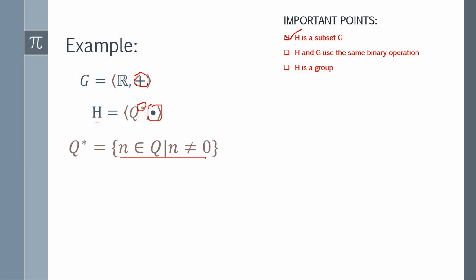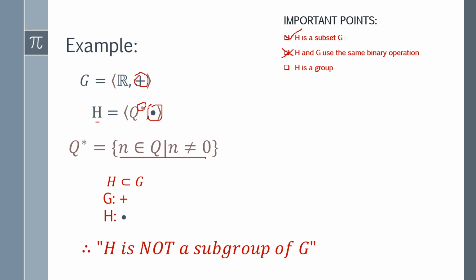So this doesn't fit the next important point. Therefore, it's an X. G uses addition and H is multiplication. Therefore, we can say that H is not a subgroup of G. So that's it.